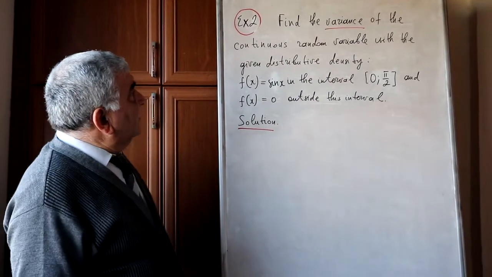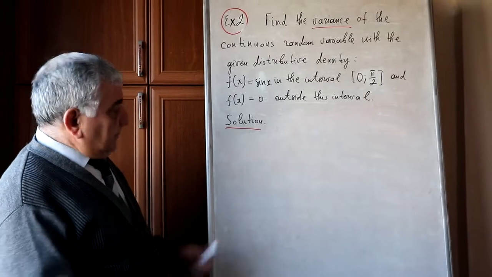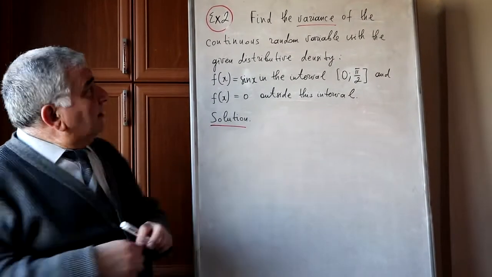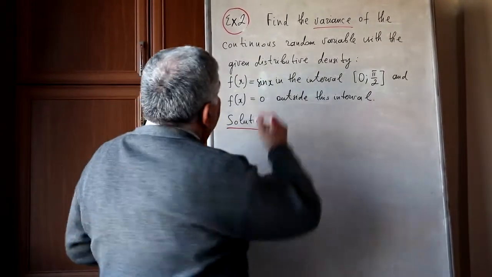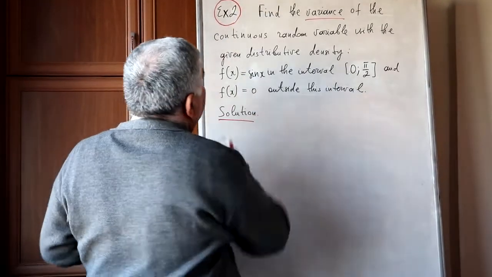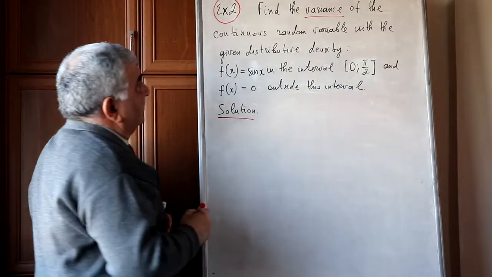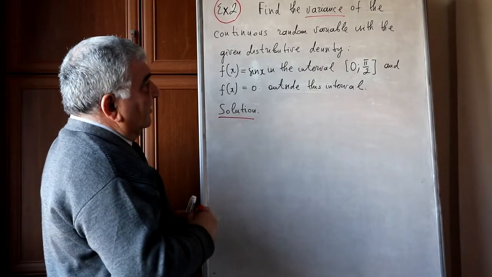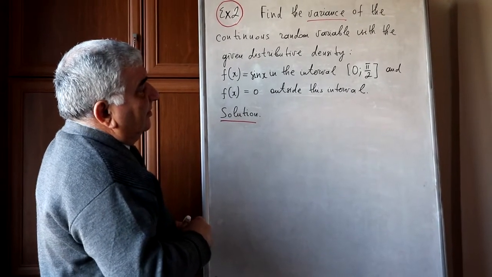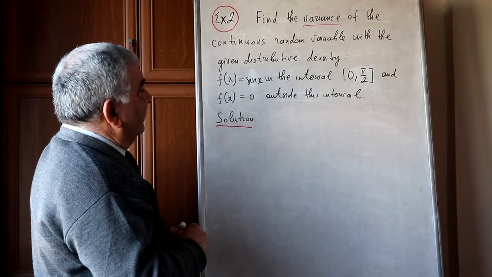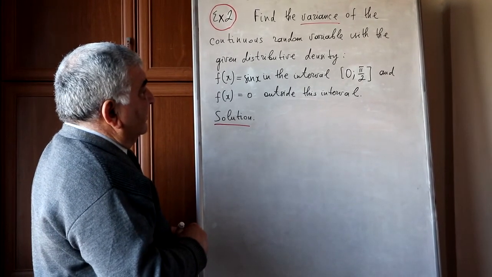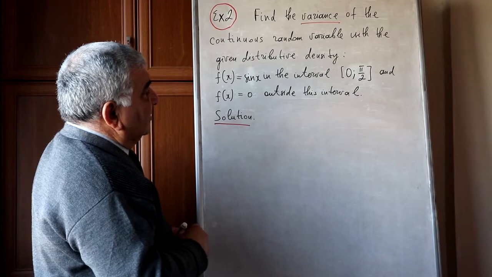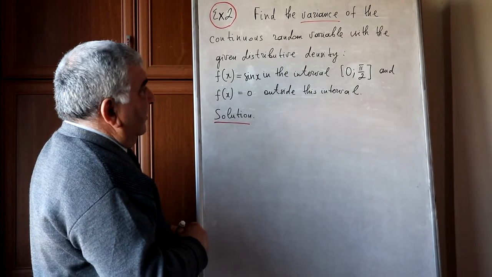Now consider the next example, example 2. Find the variance of the continuous random variable with the given distribution density. F of x is sine x in the interval 0, pi in half, and f of x is 0 outside this interval.